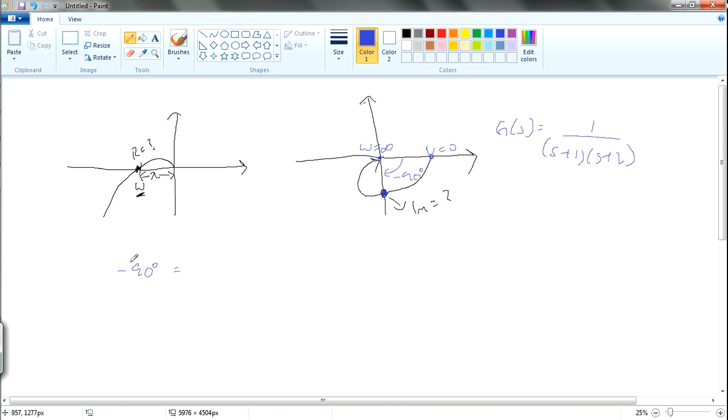Now I put here minus 90 degrees. You know that there are two poles, and each pole contributes negative phase, with tangent inverse.